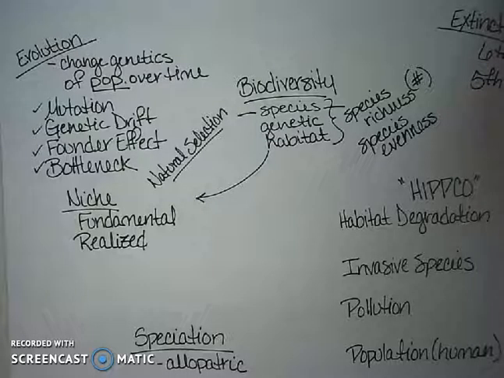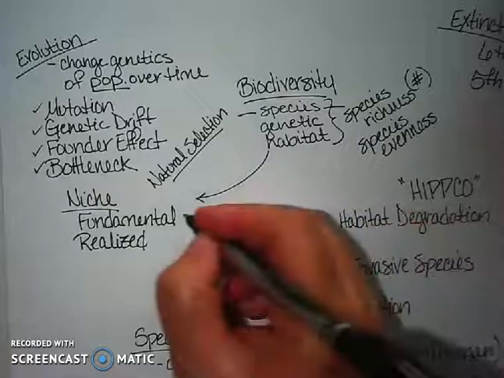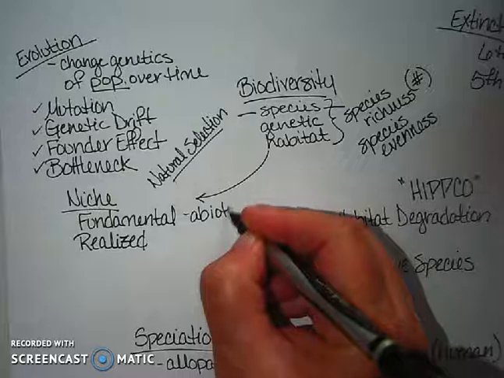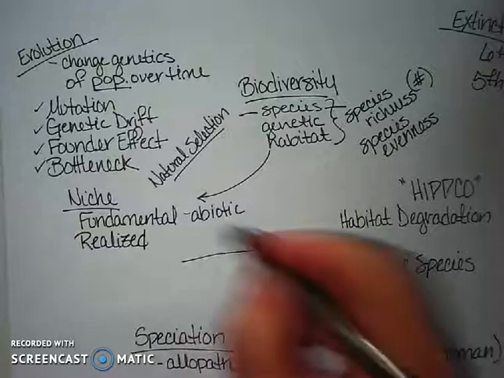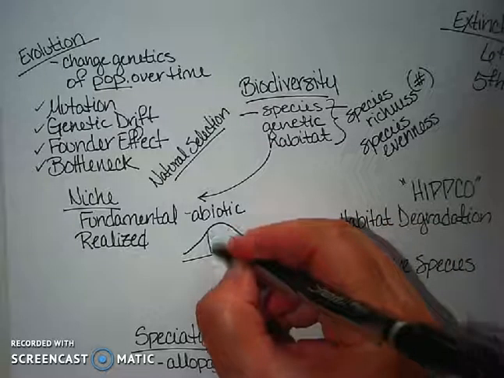Evolution leads to niches. You have to know, of course, that a niche is an animal's role or job in the environment. It's more than just where they live or their habitat. You have the fundamental niche that is determined by your abiotic factors. You should remember the nice little diagram of range of tolerance.